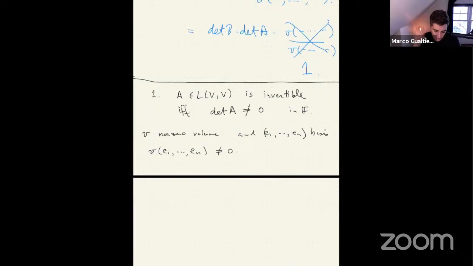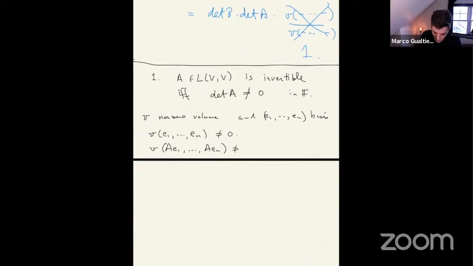Okay, and then the question is, what happens if you apply the operator to this basis? Then you're going to get n other vectors. And the question about linear independence is whether they still form an n-dimensional volume. If the n basis vectors are sent so that they are all lined up in a subspace, then the box that they span would be completely flat, and so it would have 0 volume.